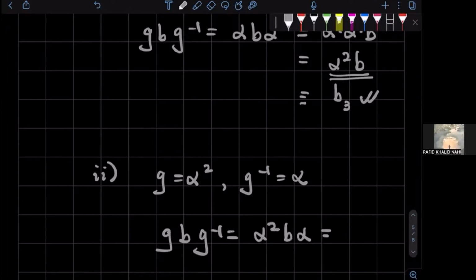Sir, the B's commute with the alphas, I think, aren't the B's and alphas commutative? No, they don't. Will it be the case that alpha squared B is B alpha squared? Is there any alphas or B's that commute?